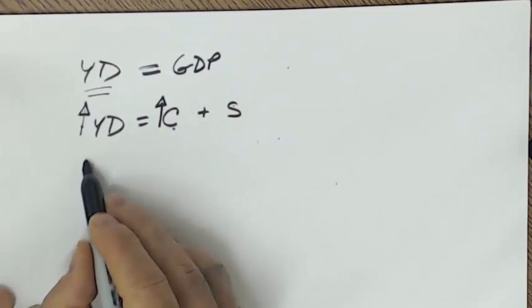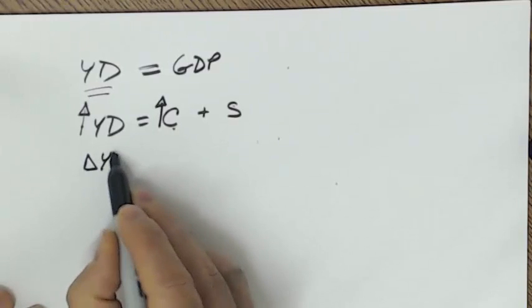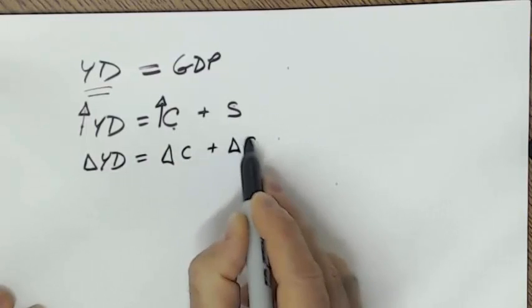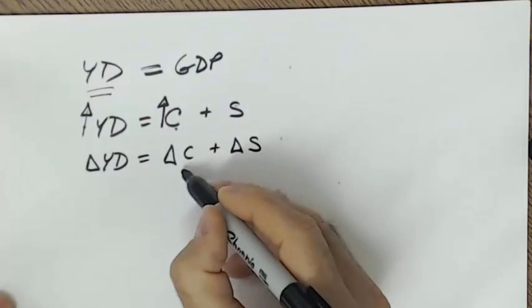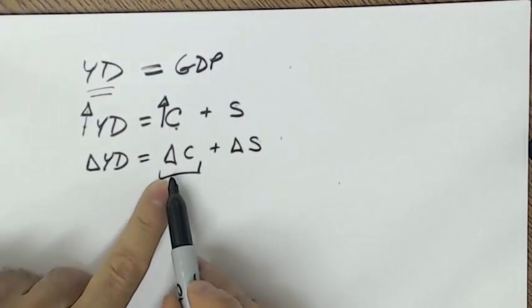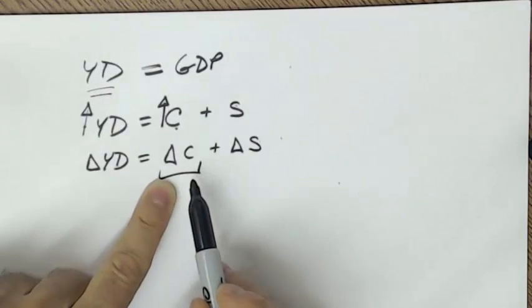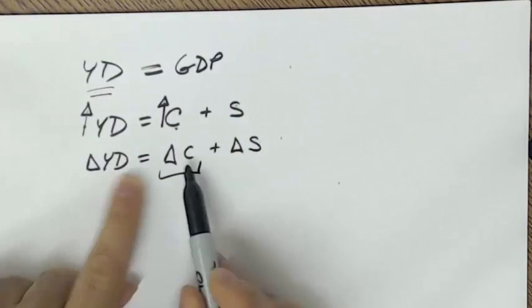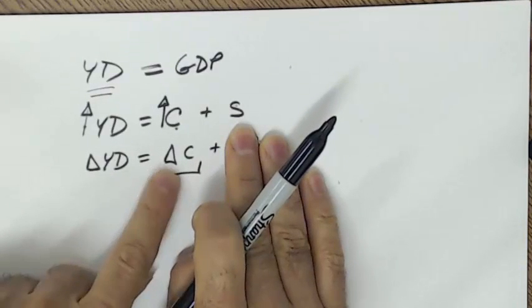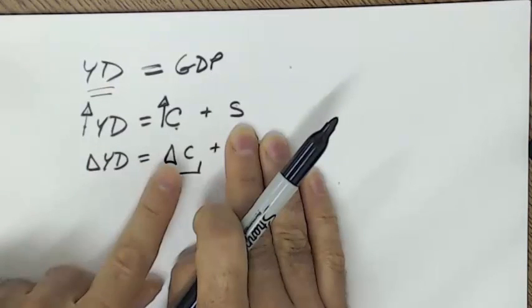So here we have a change in disposable income equals a change in consumption, plus a change in savings. But let's focus right in here on this one. By the way, you could have a change in disposable income that is all a change in consumption if you don't save any more. So every dollar that you get, you tend to spend.